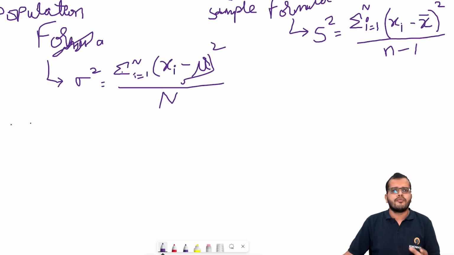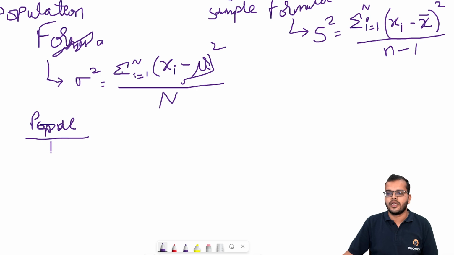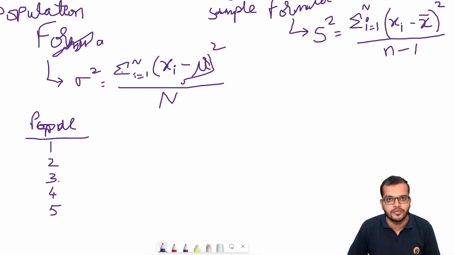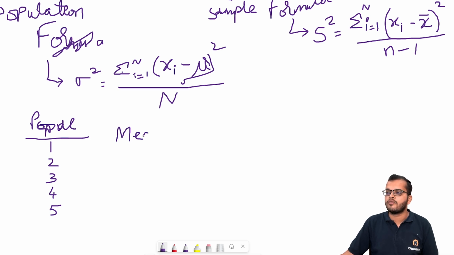Let us consider that we have population data such as 1, 2, 3, 4 and 5. First, let us find the mean, which is very simple.